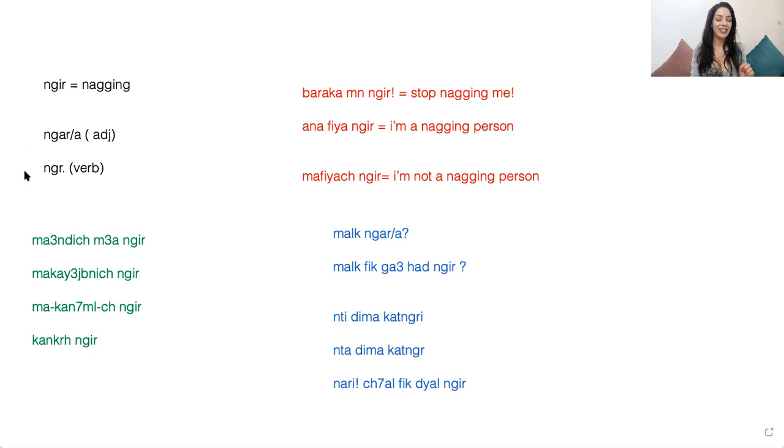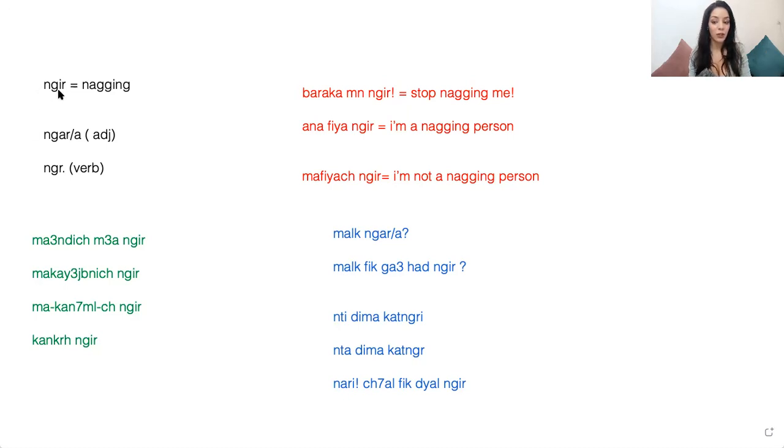And the verb, no vowels, I know. So it's just ngir. You'll find it's a little bit difficult because there are no vowels in there, but you just start with the n and then the g sound and then r. So ngir, ngir. That's how it sounds. I'm not opening my mouth or doing any big movements because there are no vowels over there.